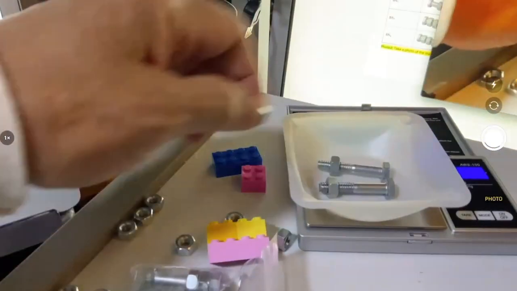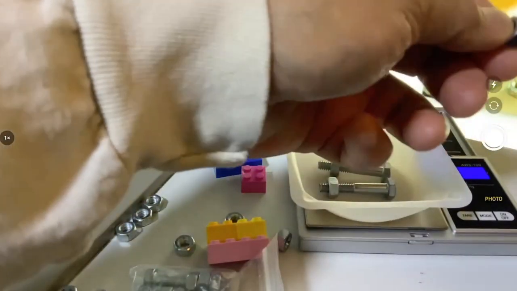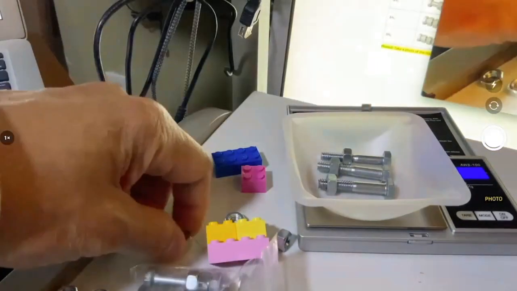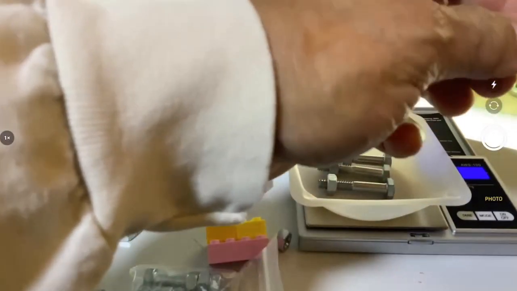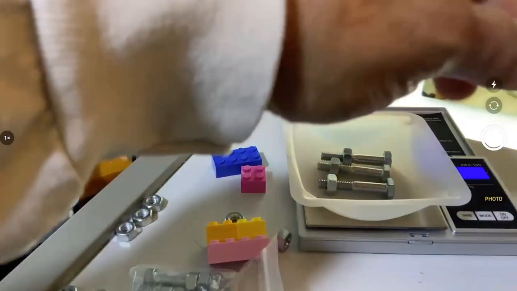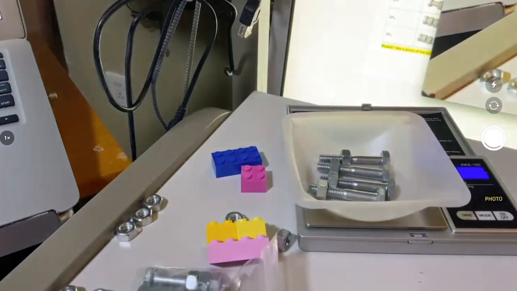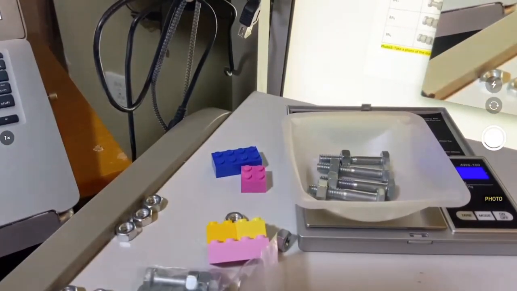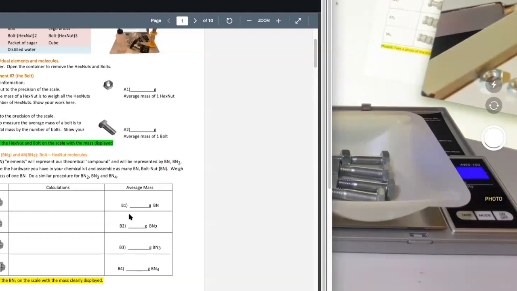Now I'm just randomly taking any hex nut that is available. I'm not specific. That's 3. That's 4. So what I'm going to do is weigh the 4 BN1, take the total mass, and then divide it by 4. That will be the average for 1 BN1 molecule, and that's what you would put right here.